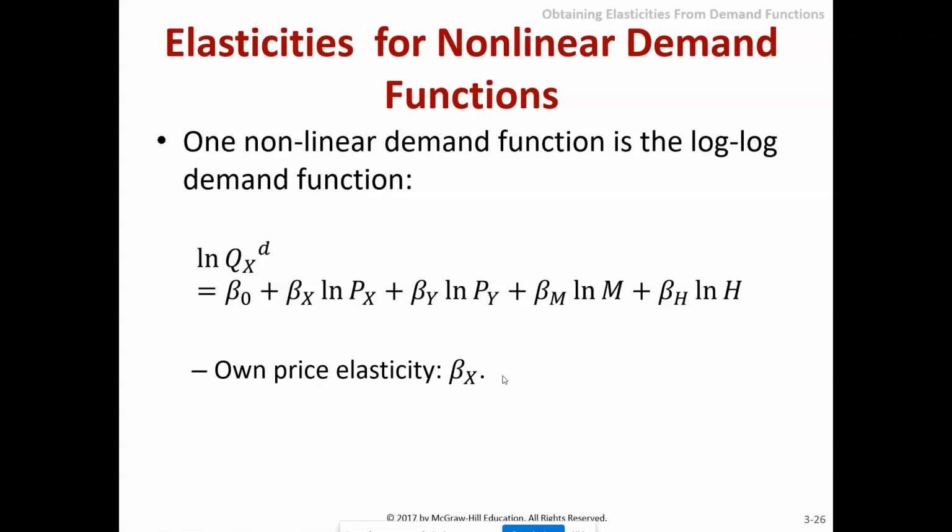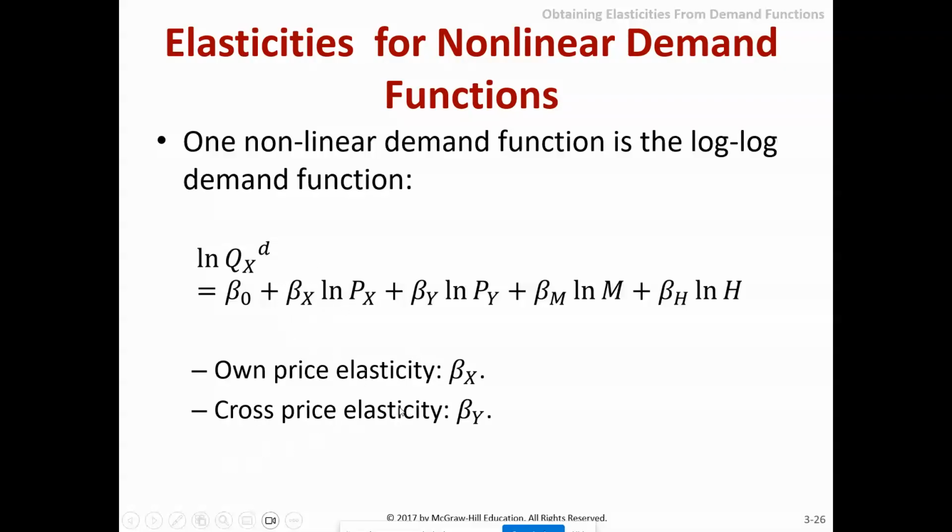This is very handy because when you take a derivative, it gives you the percentage change. It is the coefficient in front of it. So if you have both quantity and price in natural log format, and you are asked what the elasticity is, it is simply the coefficient in front of it.